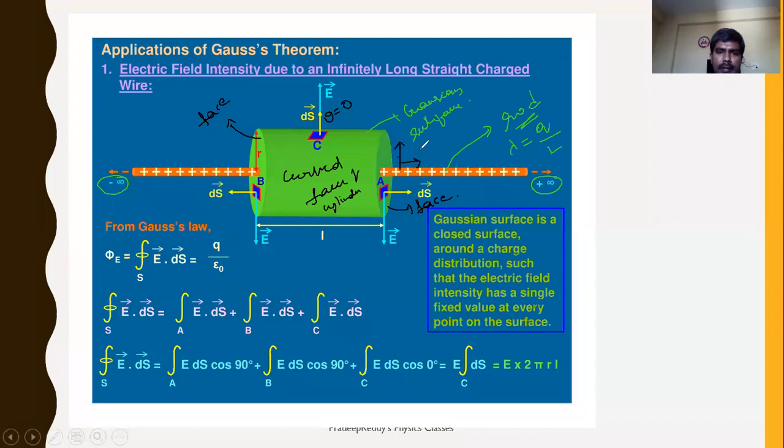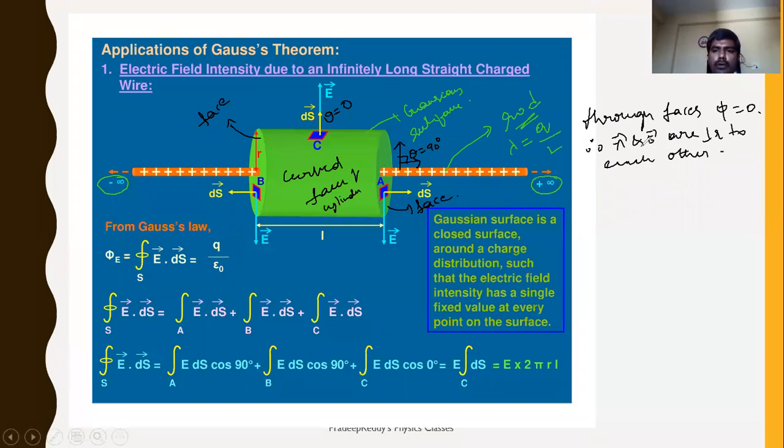What is angle between them? Theta is equal to 90 degrees here. So therefore, through these 2 faces, flux passing will be 0. So remember that through faces, phi is equal to 0 since A bar and E bar are perpendicular to each other.